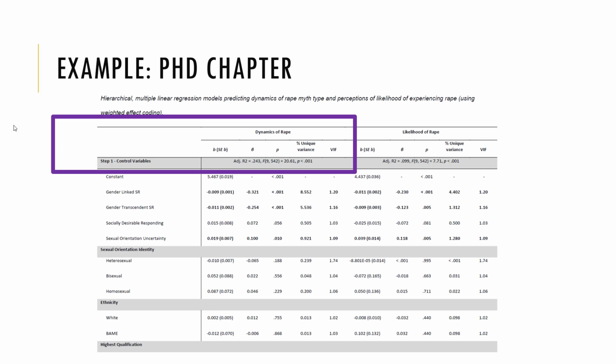Now, one of the things I should say here is that each of these variables was actually centered. So I centered each of these continuous variables before I entered them into the model, because when I'm looking at the impact of gender-linked social roles, and I want to look at the unique relationship between that predictor and my outcome variable, it's holding all the other continuous variables constant at 0.